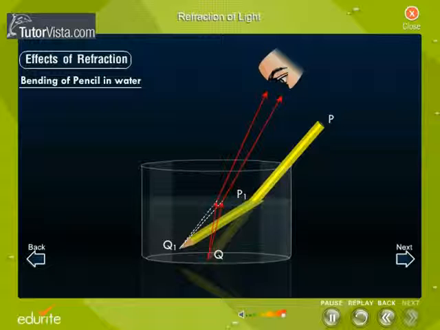Rays of light from the point Q are traveling from water to air. As the rays of light are traveling from a denser medium to a rarer medium, they bend away from the normal. After refraction at the surface, they appear to be coming from point Q1, which is true for every point of the part of the pencil which is immersed in the water.